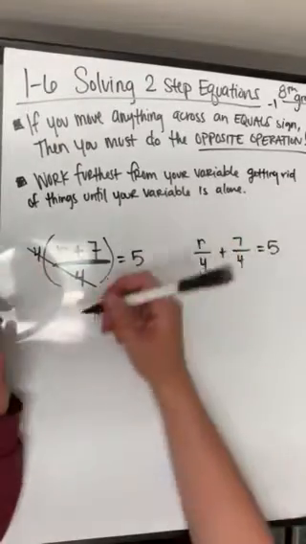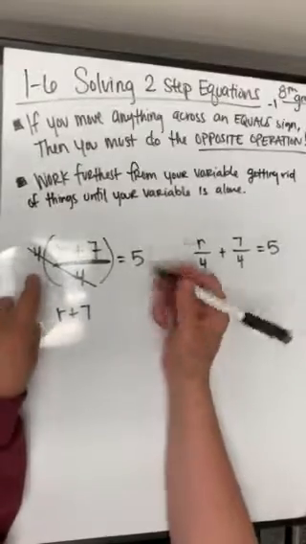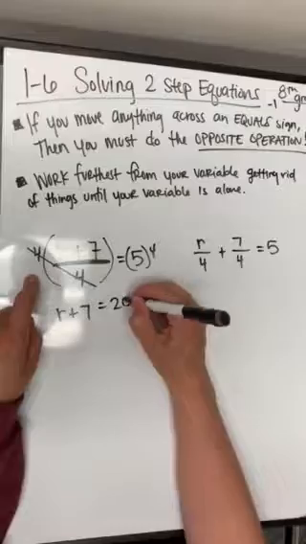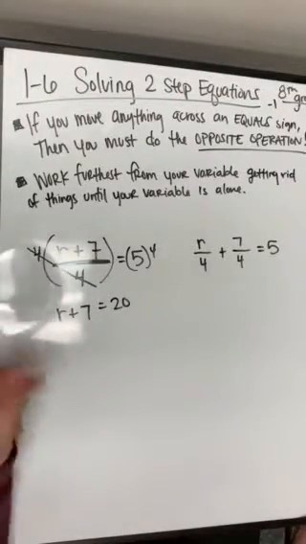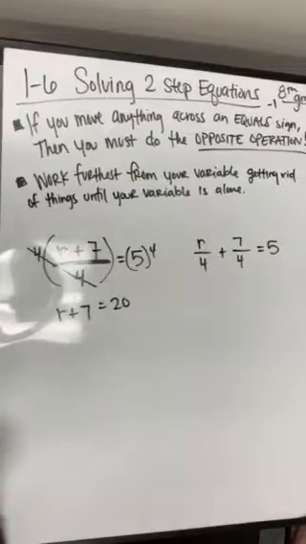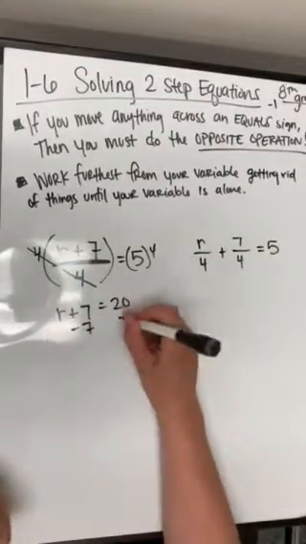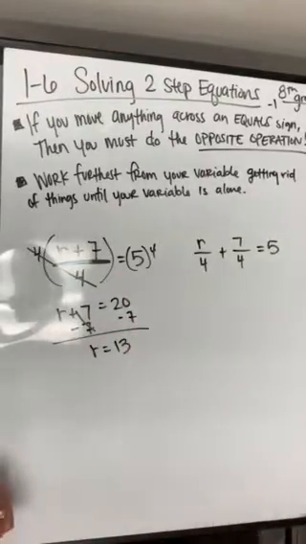Now all we have is r plus 7. But because we times this side by 4, we have to times the other side by 4. So 5 times 4 is 20. You guys see that? These work really easy and you can just get through it. So we do the opposite. We subtract 7, and it leaves r equal to 13.